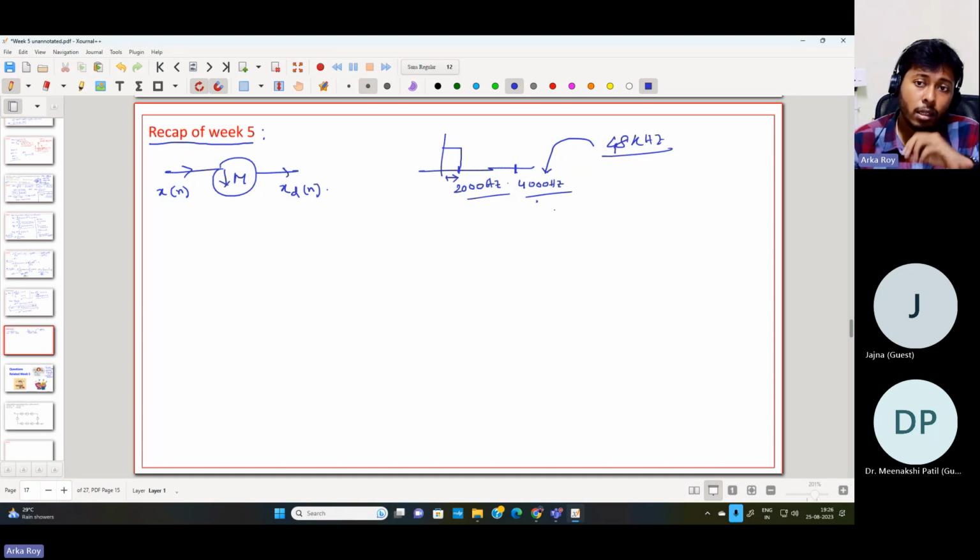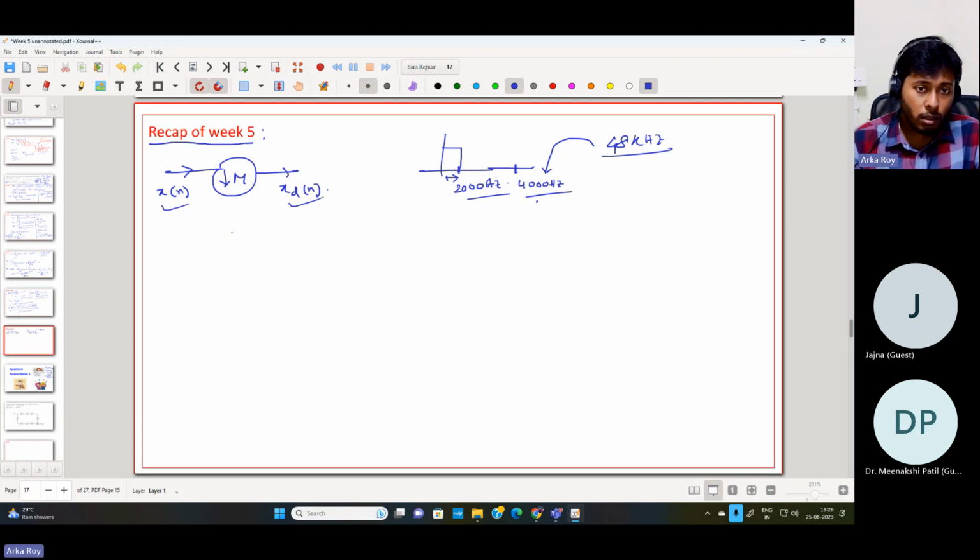The rates of the signals are changing, and this is why this topic is called multi-rate signal processing. Whatever signal is coming into the system has a different sampling rate from what we get at the output. So the sampling rate of x(n) and the sampling rate of x_d(n) are different, which makes it quite relevant to study multi-rate signal processing.